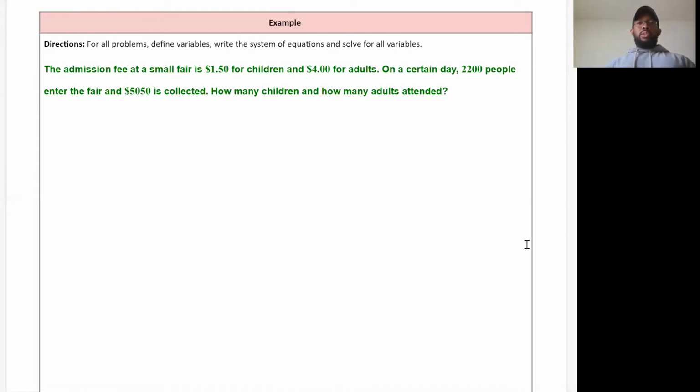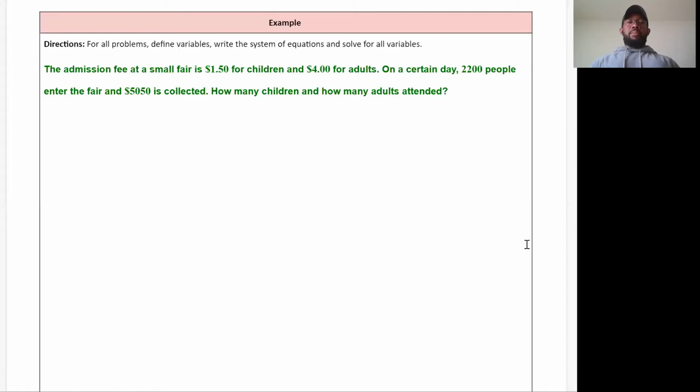So where do we start with a problem like this? Well, let's look at the information that we have. First of all, we know the cost of admission. It costs $1.50 for children and $4 for adults. We also know the amount of people that went to this fair: 2,200 people.